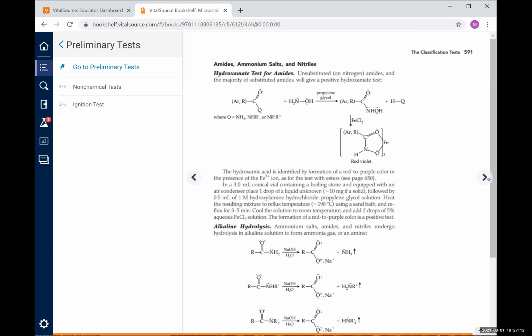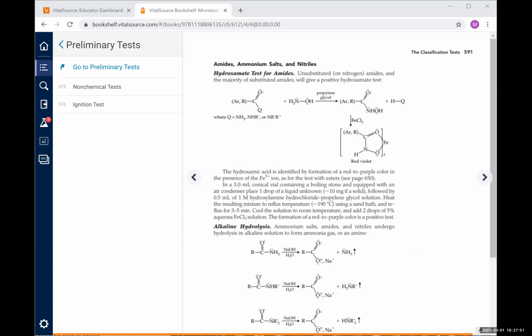So this is a very interesting test because it deals with a carbonyl substitution reaction to convert our amide or our ester for that matter into a hydroxamate. The one benefit of generating this hydroxamate is that it coordinates iron to generate a colored complex. So in the first step, we're treating our amide with hydroxylamine hydrochloride.